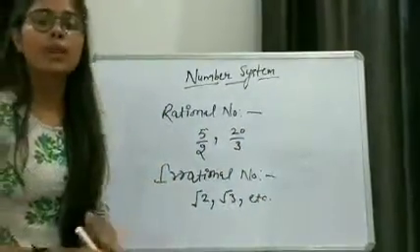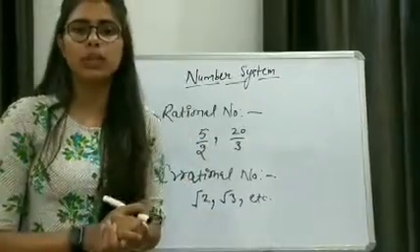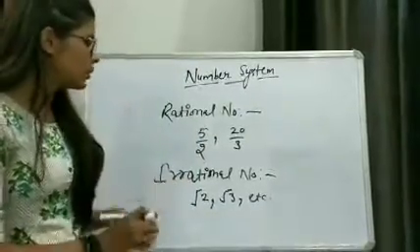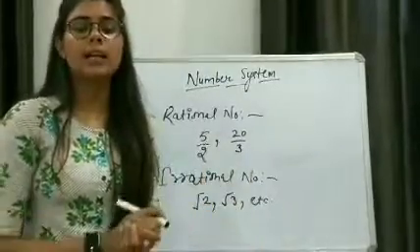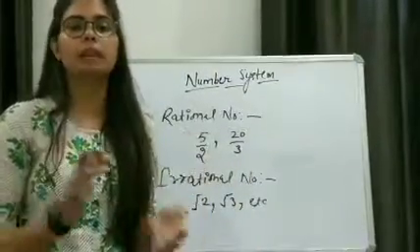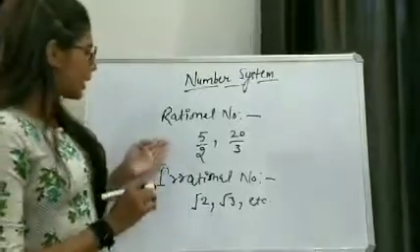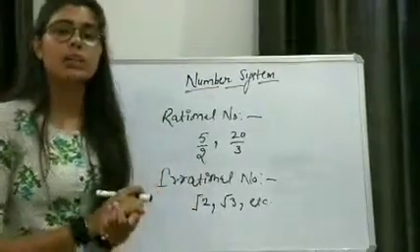Now we are usually confused between rational numbers and irrational numbers. So here is a trick by which we will understand which are rational and which are irrational.